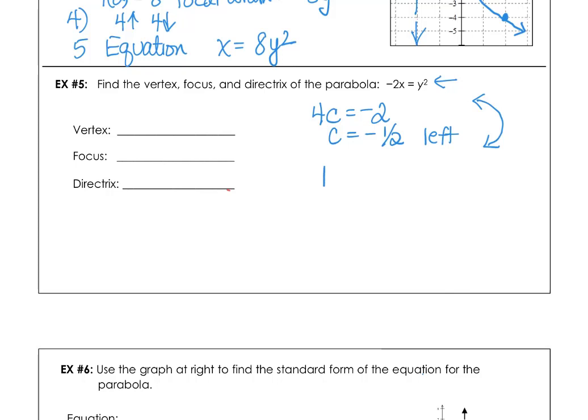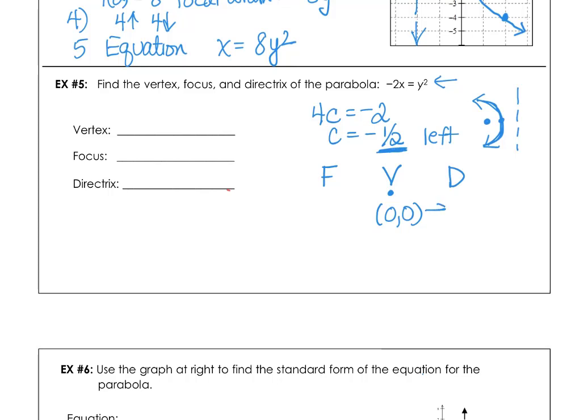And we know that the vertex is in the middle, and that happens at the origin, since we don't have an h, k value. The parabola is going to open to the left like this, so the directrix has to be to the right, and the focus has to be to the left. And it's got to be 1/2 away because that's our c value.